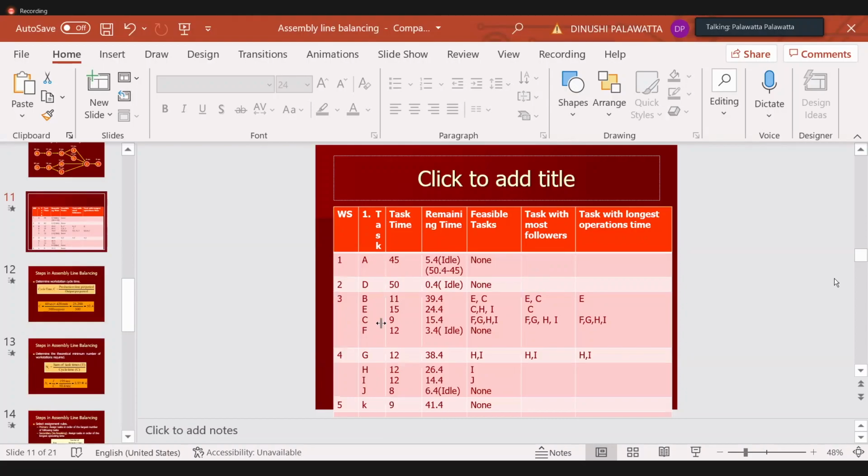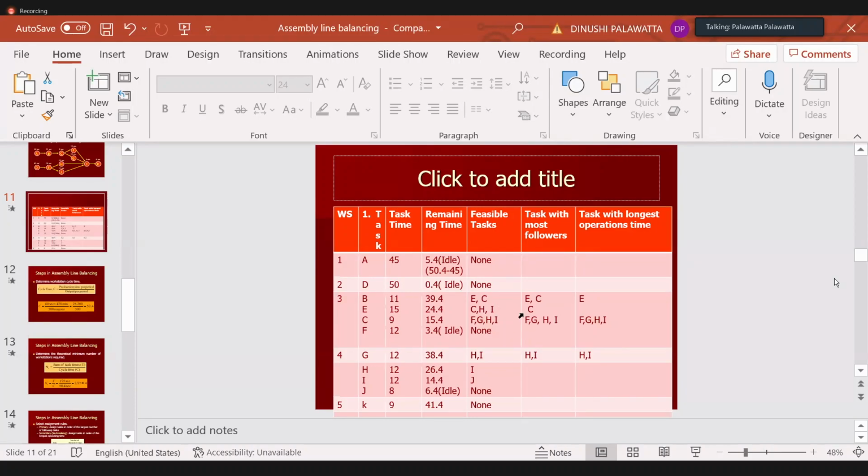This is done without violating the precedence, right? So when it comes to I, let's say here, I comes into consideration after E has been allocated. So C, H, I are candidates. C, H, I are feasible tasks, that means candidates.